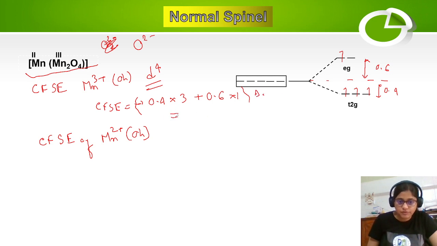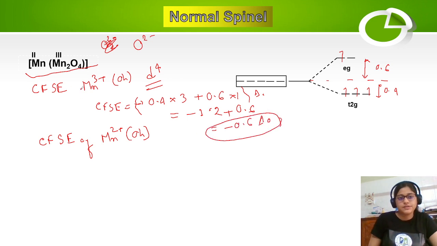So it will be -1.2 + 0.6, which is -0.6 Δo. Fine. We know now the CFSE of this Mn3+. Now we have to calculate the CFSE for Mn2+.